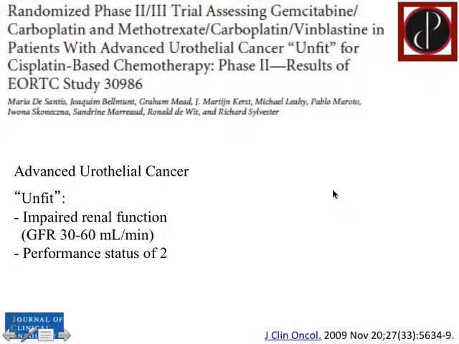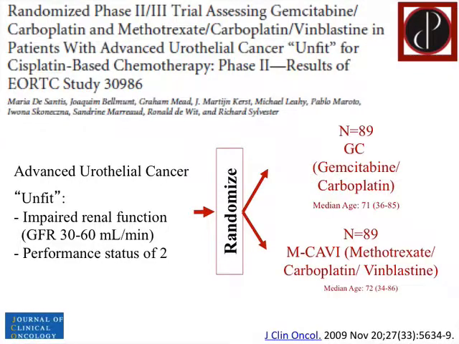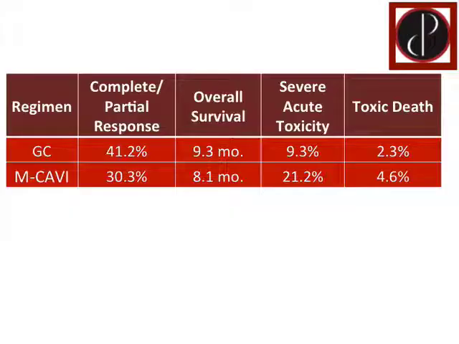The other thing is that if you think about cisplatin, is there any alternative to treat the patient with other things if the patient is unfit? An EORTC study looked at urothelial bladder cancer with impaired renal function, performance status of 2. They randomized them to gemcitabine and carboplatin as opposed to methotrexate, carboplatin, vinblastine.